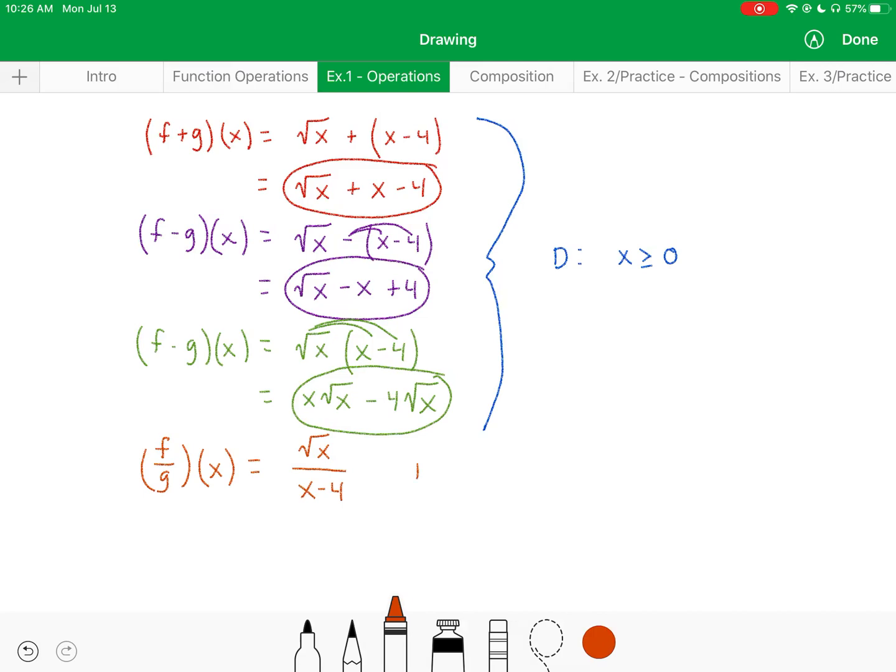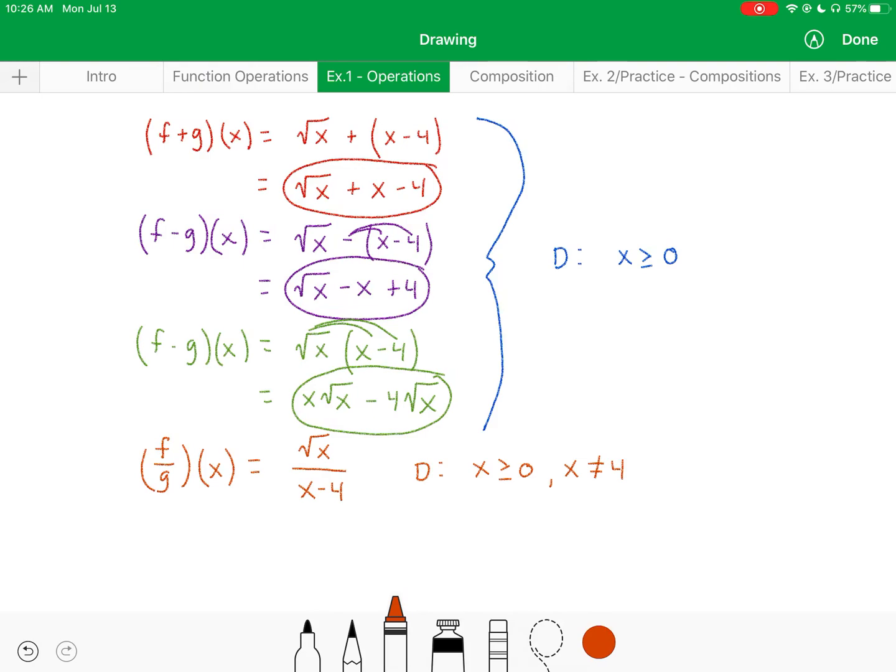Now, domain for this is going to include any number greater than or equal to 0, but we also have to consider, is there any number that makes the denominator of this quotient turn out to be 0? And in this case, it would be x cannot equal 4. Okay.